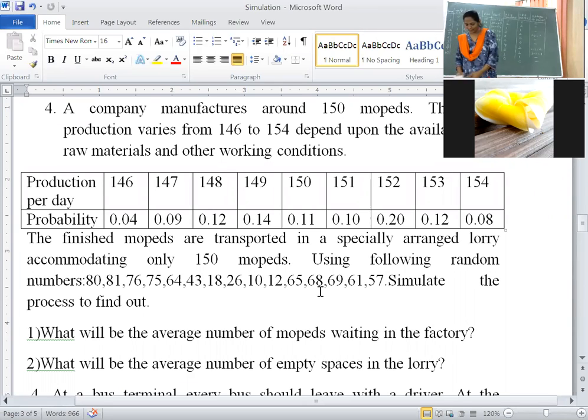Because in this particular problem we are having 15 random numbers, that's why I will write little bit small letters. Read the question and try to solve. This also came in the final examination.